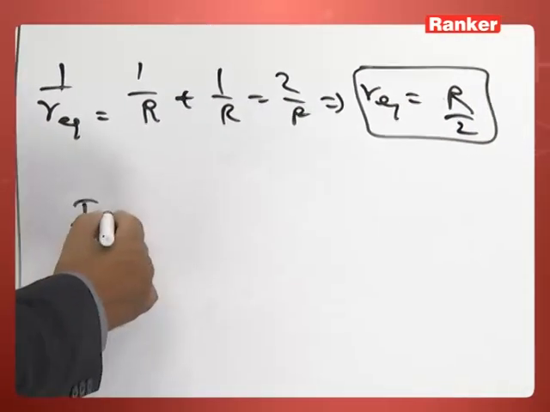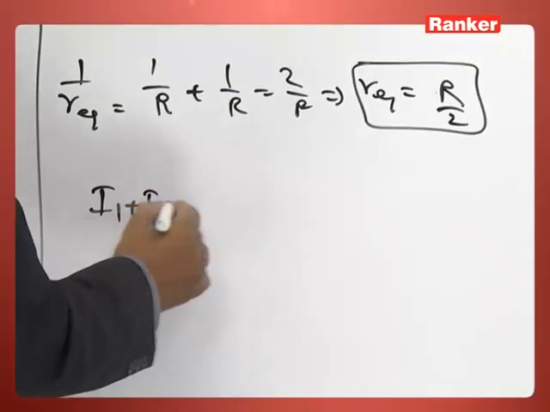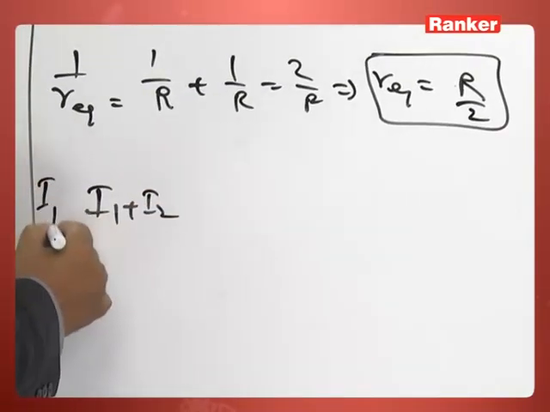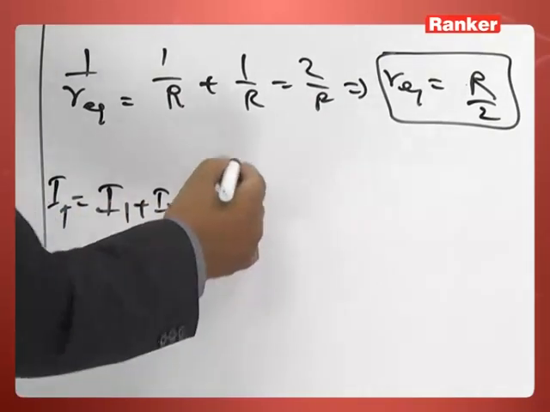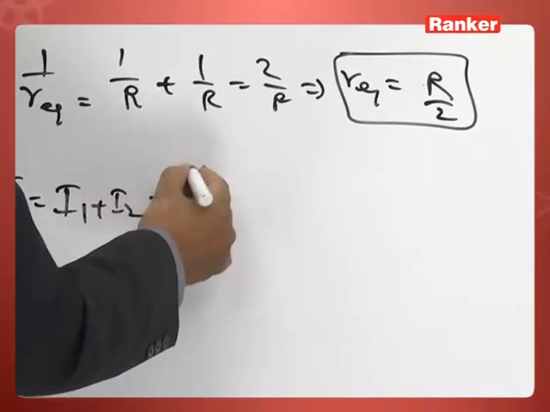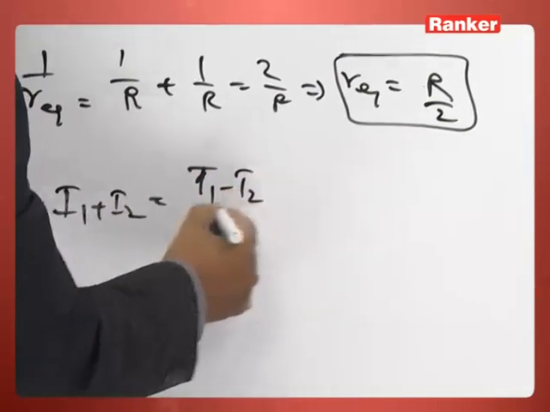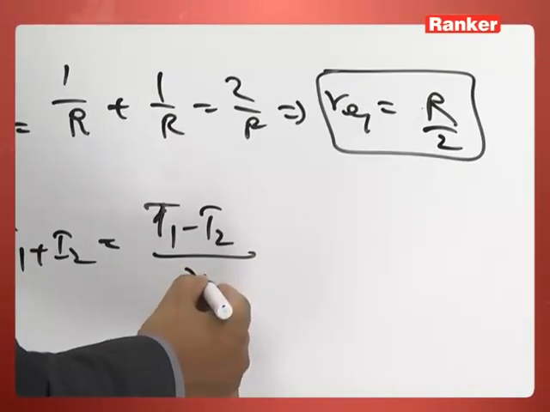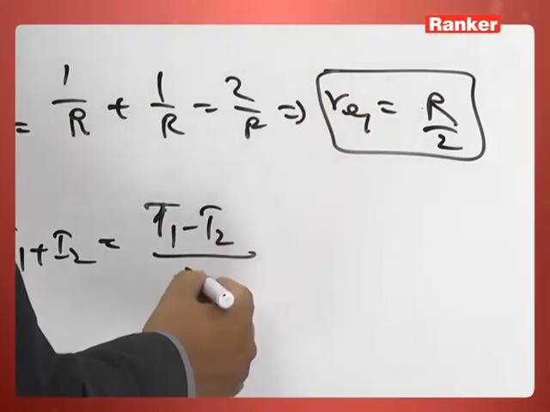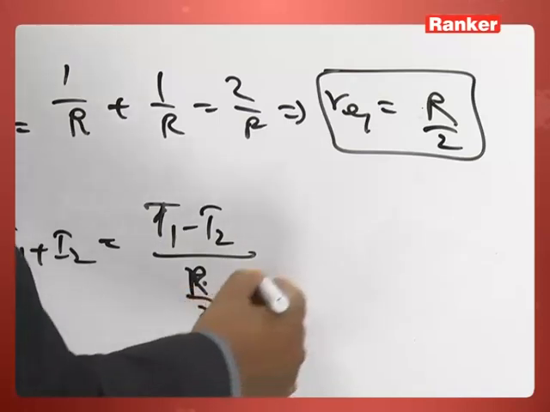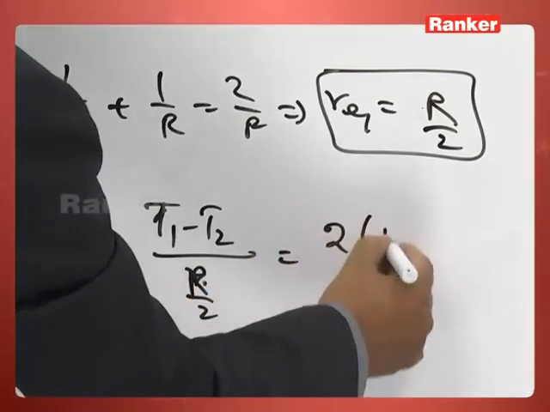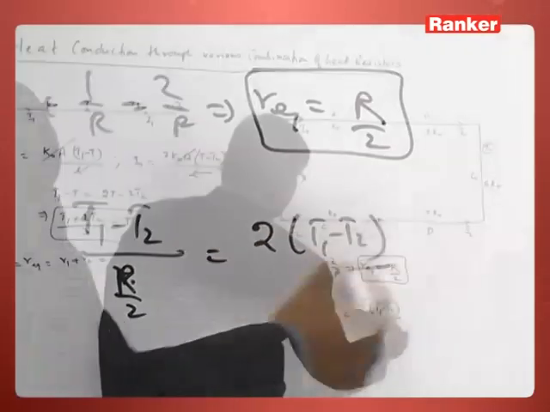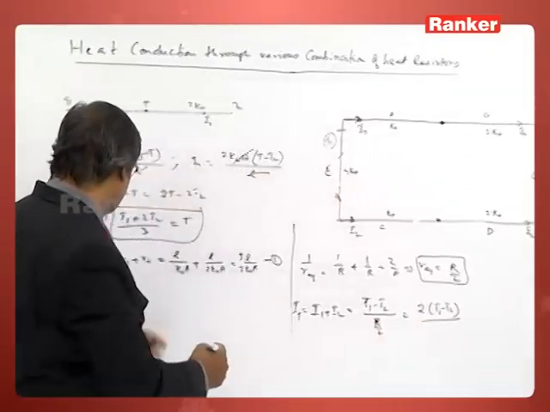So, the heat current I1 plus I2, that is I total, is equal to the temperature difference T1 minus T2 divided by the total R equivalent, which is R by 2, that is 2 times T1 minus T2 by R. Now, what is R?